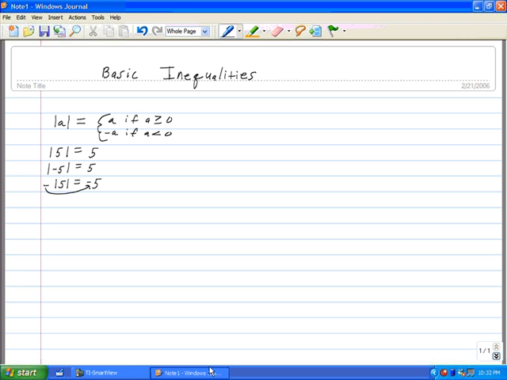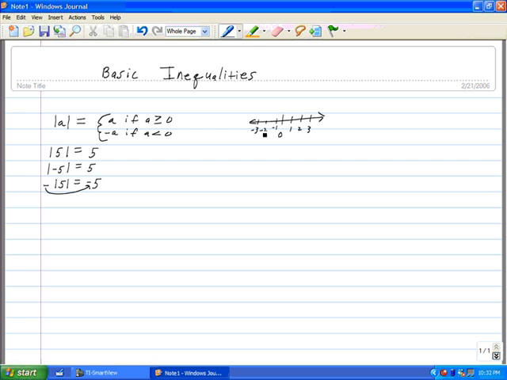Now we need to look at the structure of our number line. Our real number line is basically centered at 0, and on the right hand side we have our positive numbers, positive 1, positive 2, positive 3, etc. On the left hand side we have our negatives, negative 1, negative 2, negative 3.